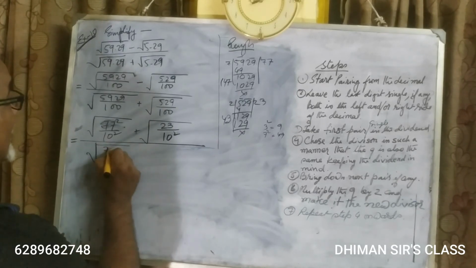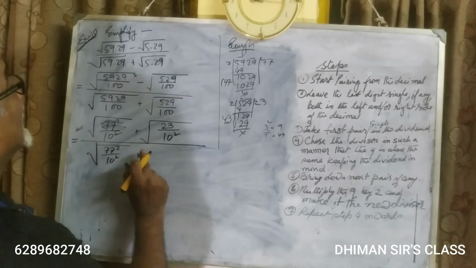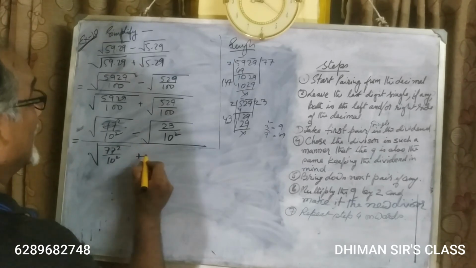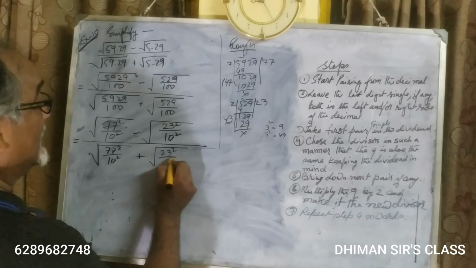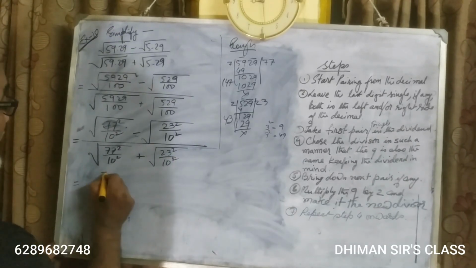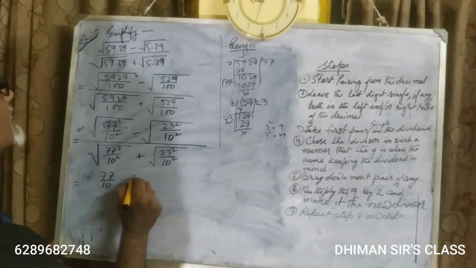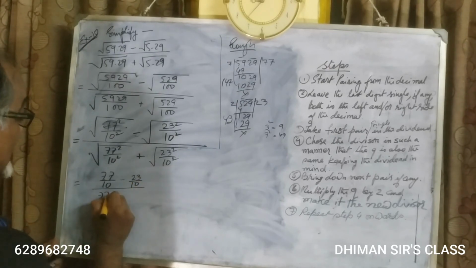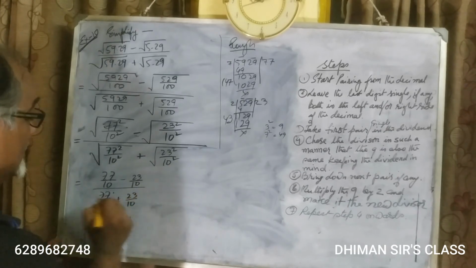Okay. So now 10 square by, again same thing, this equal to will be here, 77 square by 10 square minus, I'm sorry, this will be plus, minus, I think, minus, this will be plus 23 square by 10 square is equal to 77 by 10 minus 23 by 10 by 77 by 10 plus 23 by 10.